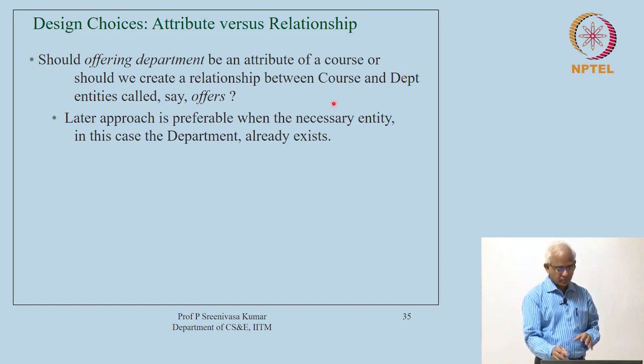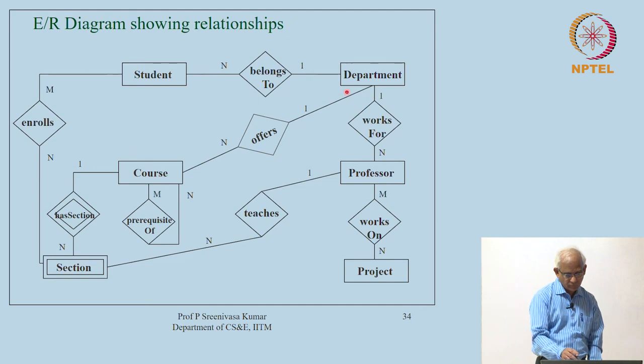So it makes sense for us to create a relationship like offers, rather than making offering department an attribute of course. Instead we can show the association between course and department through a relationship. Okay. If it is some other information which cannot naturally get linked up with any of these existing entities, then you choose the option of modeling it as an attribute.